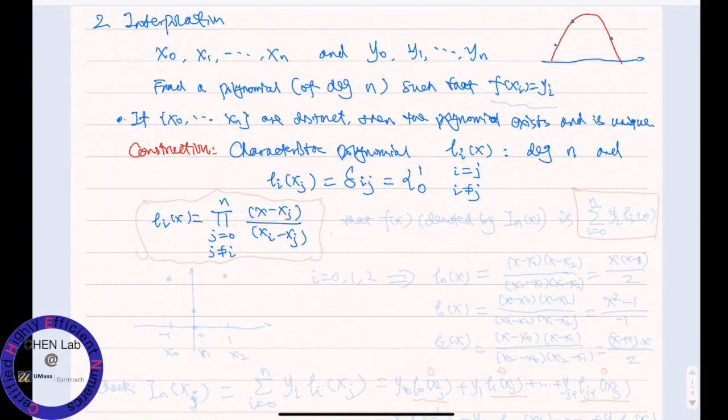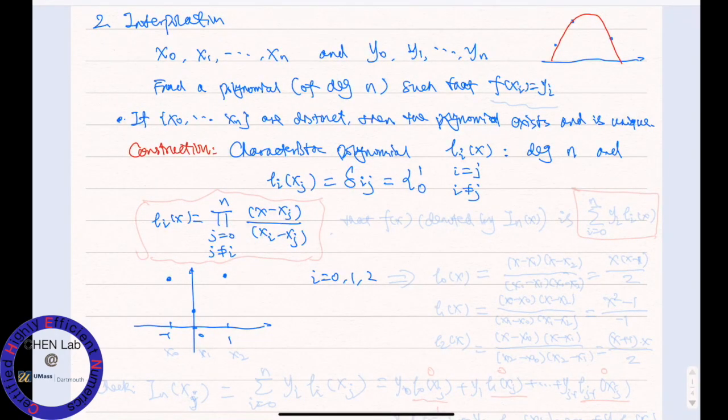An example is, let's say we have 3 points: -1, 0, 1. So there are 3 values, maybe like that. So i is 0, 1, 2. i is the index.